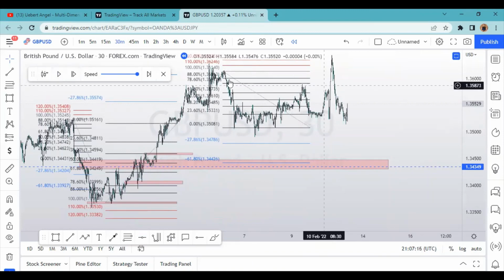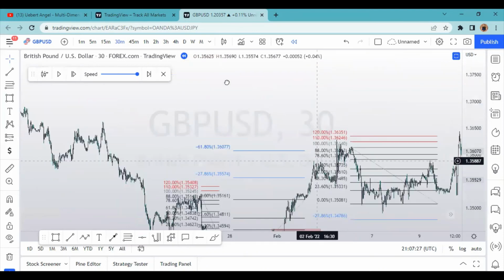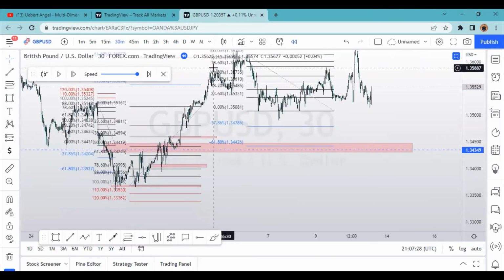So this actually was consolidating around this area, and this is probably a weekly zone or a monthly zone. This chart is not marked up. This is why I mentioned that you need to have your tools in place to understand what is really going on.